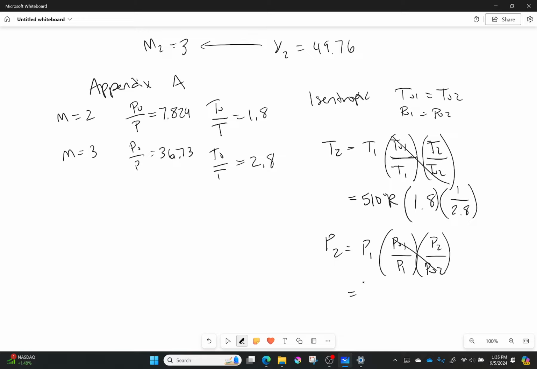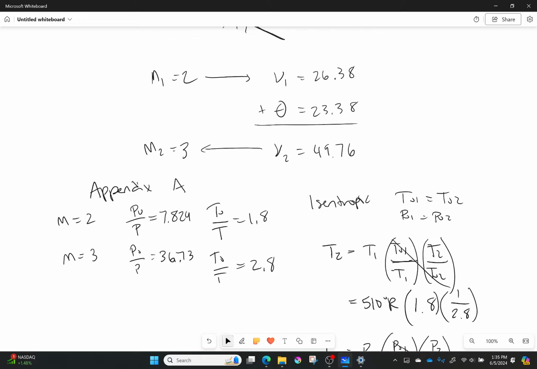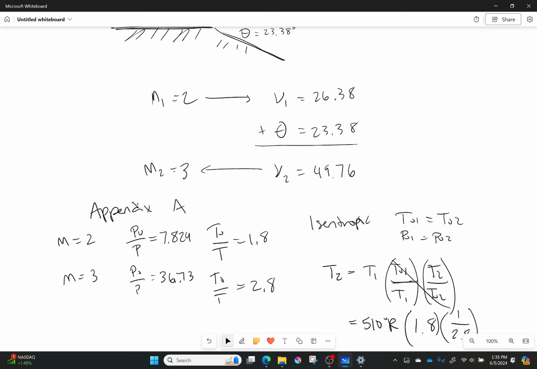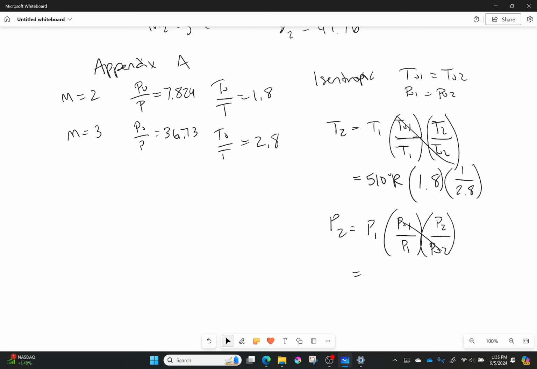And that would be equal to my initial pressure, which, going back up here again, was 0.65 atmospheres, not 65. And then P01 over P1 is 7.824. P02 over P2 is 36.73, which I need to invert. Okay, and now I can plug those into my calculator and see what my answer would be in this case.